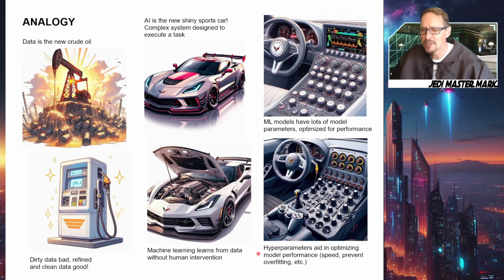And hyperparameters, you can think of having all these model parameters to tune your vehicle, and hyperparameters being something like, okay, how quickly you turn it. So it's almost another level on how they act in order to allow you to better train the parameters for performance.